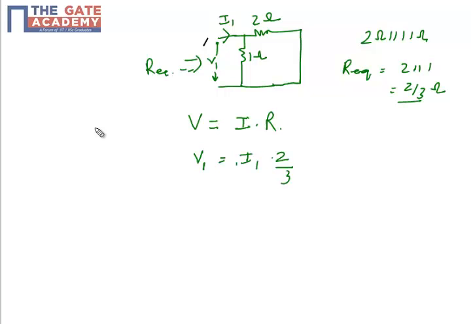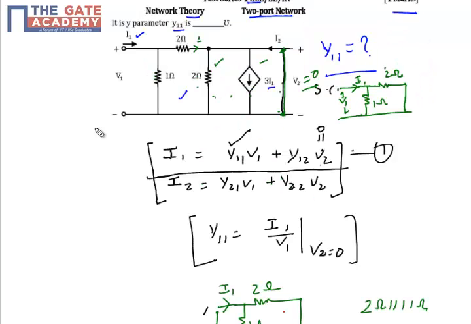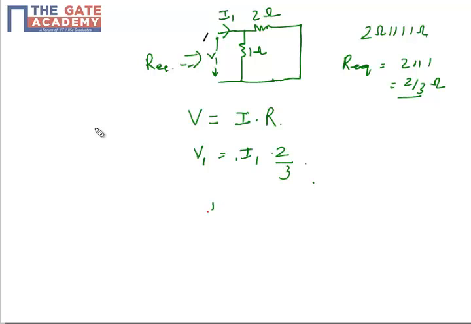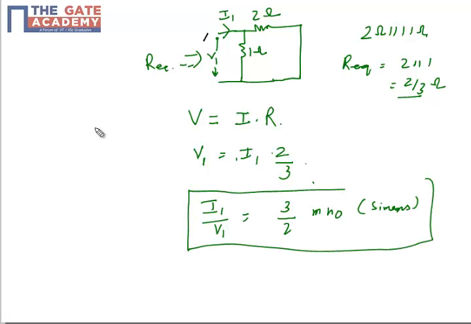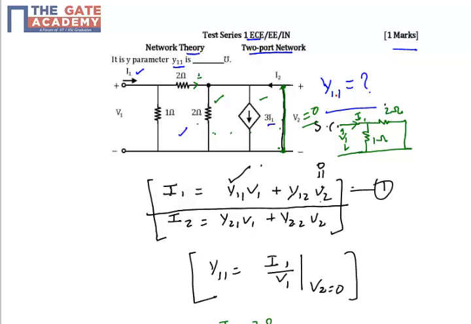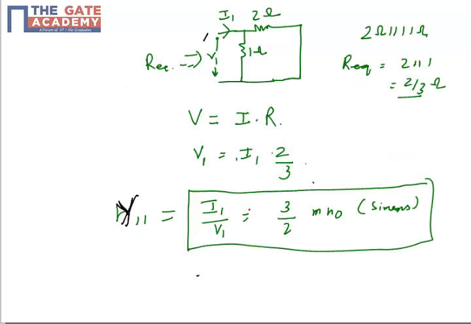What I need is I1 by V1, so from here I1 by V1 is 3 by 2 mho or Siemens. These are units of admittance. I1 by V1 is the admittance, which is my y11. So y11 is I1 by V1, which is 3 by 2 Siemens.